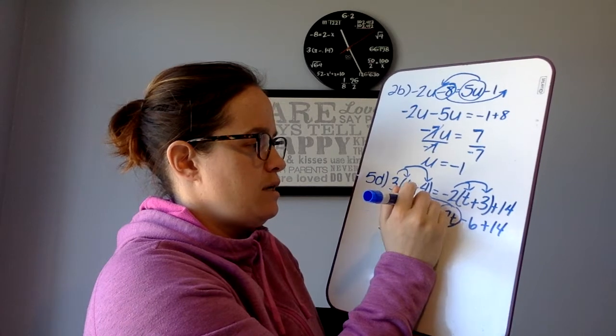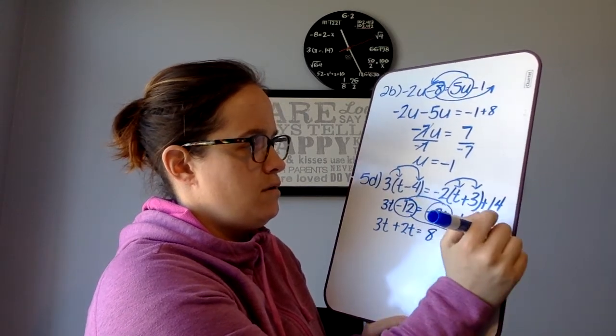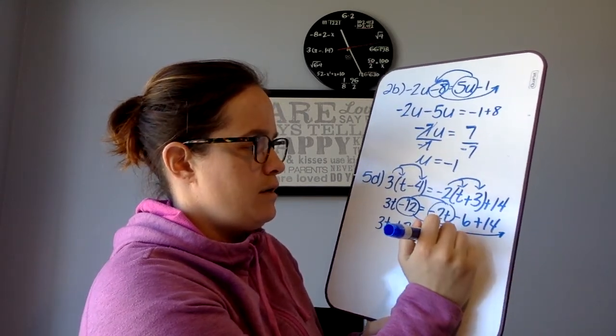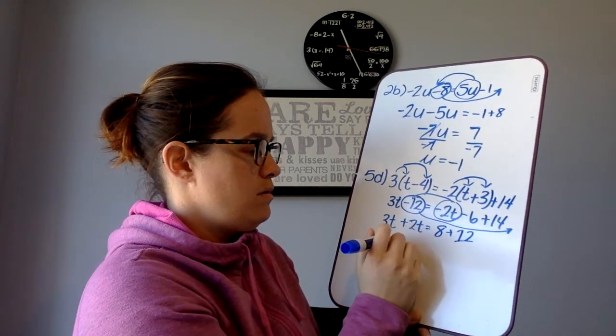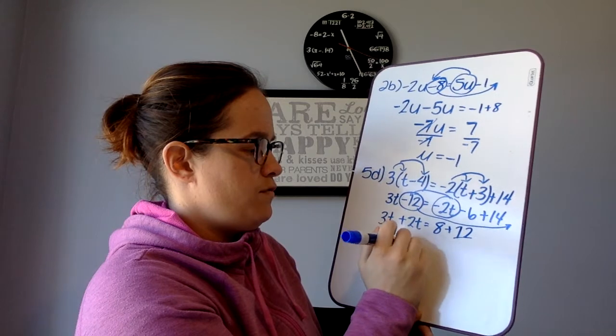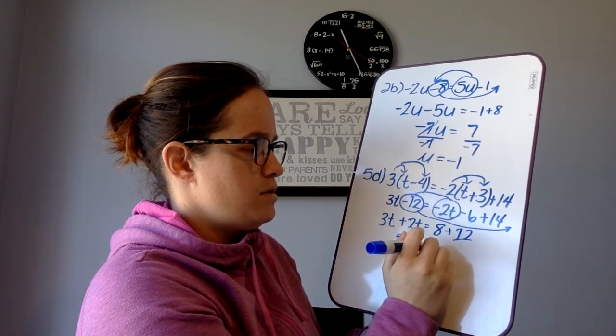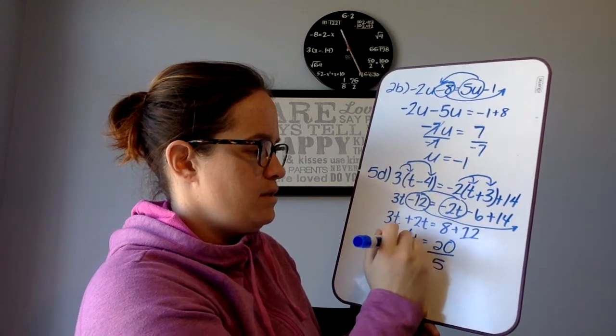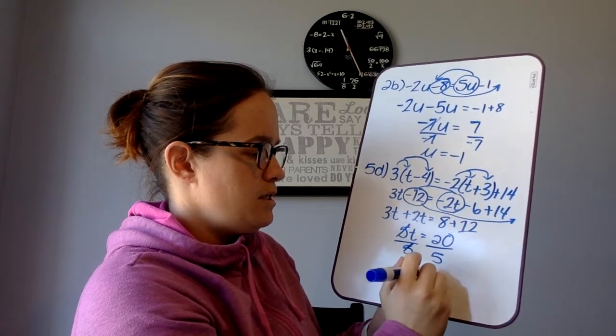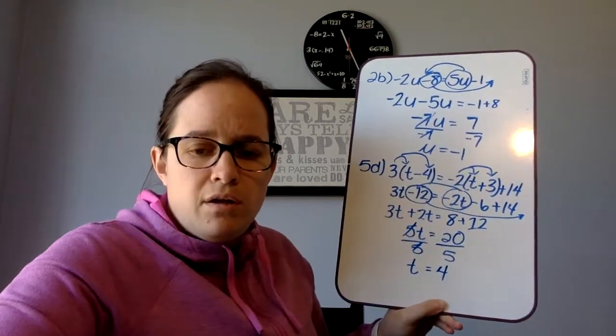And then you're going to take this 12 over here and make it positive. So 5t equals 20, divide by 5, these cancel out, t is equal to 4.